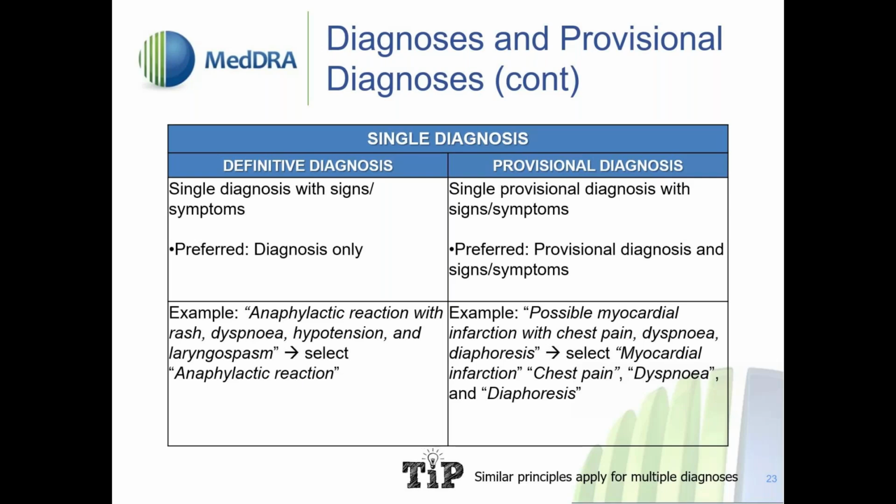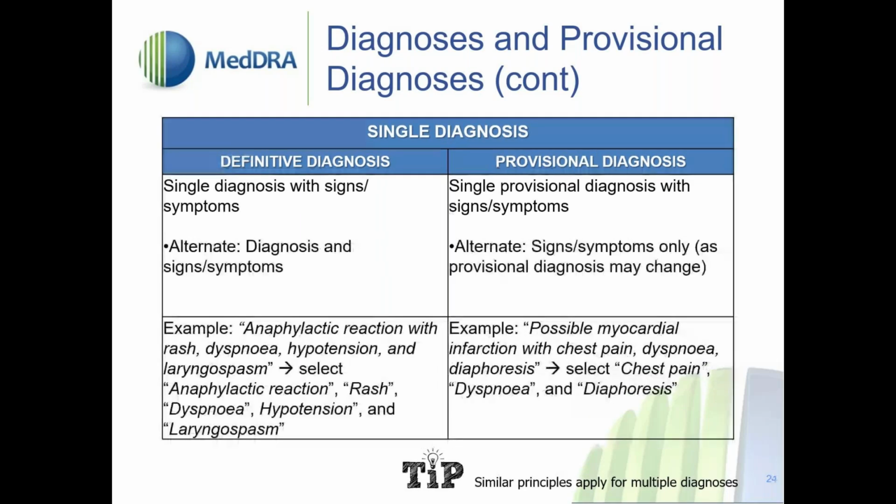Now, one great feature in the PTC guideline is that when there's more than one option for coding, they will give you their preferred option. They will identify their preferred option in the PTC document, but that does not limit you as a MedDRA user to apply that option. You do have the choice to follow the alternative option.